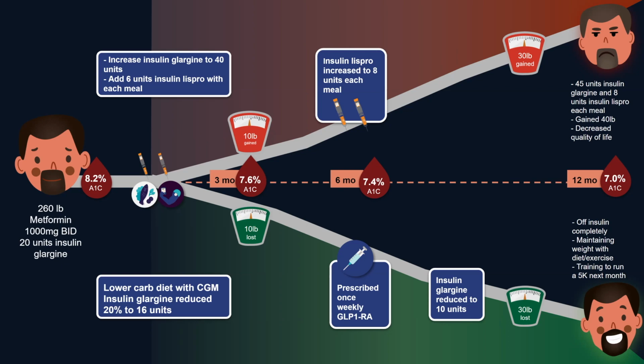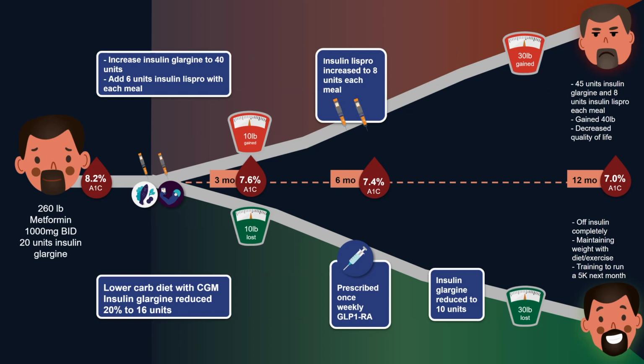So let's look at the alternative road, the road on the bottom of the slide, which uses the 3 strategies that we've talked about in MCTTD. Again, we're starting with a patient with an A1C of 8.2, and instead of adding insulin on top of his already existing insulin dose, we're going to start by focusing on diet, and we're going to also give him a CGM to help him manage his insulin as he's adopting a lower carbohydrate diet.